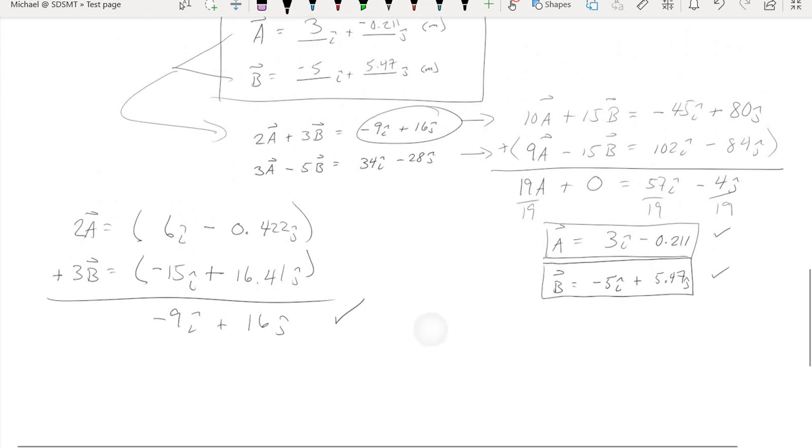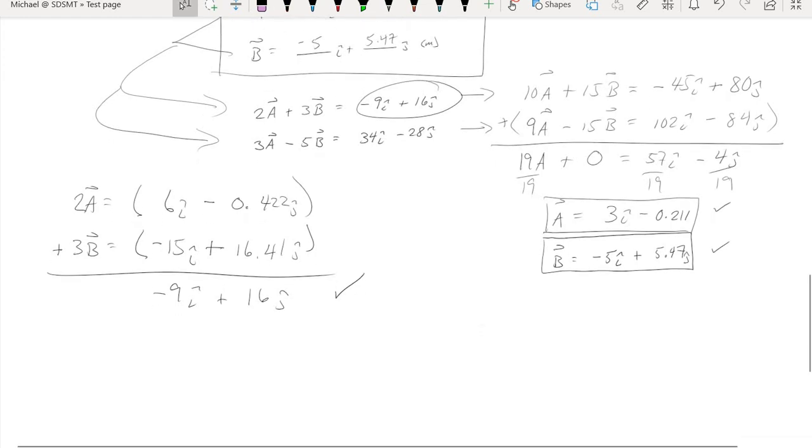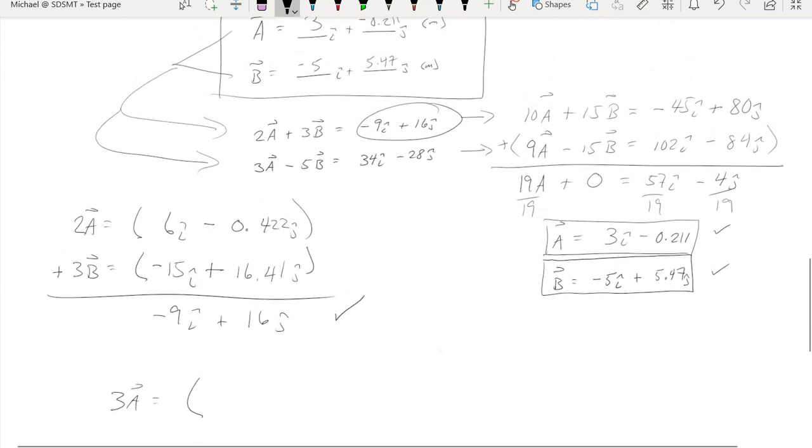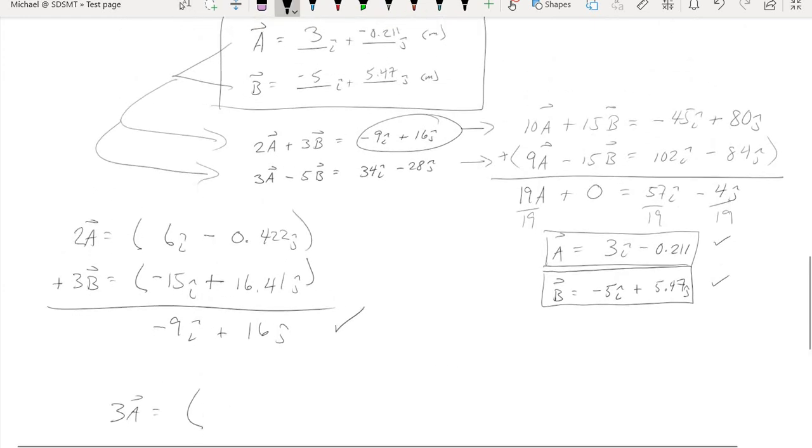And so now I can double check my solutions by plugging them into the second set of equations. But at this point, I don't know if I want to push my luck, but I probably wouldn't be doing my job unless I plugged everything in as is. So I need 3 times the value of vector A, which is going to be 9 i minus 0.633.